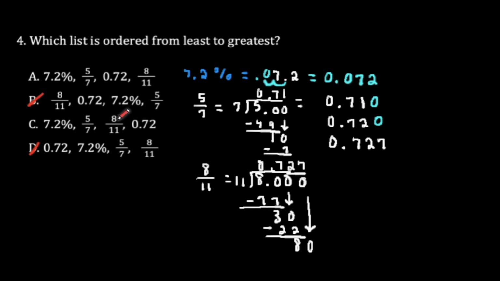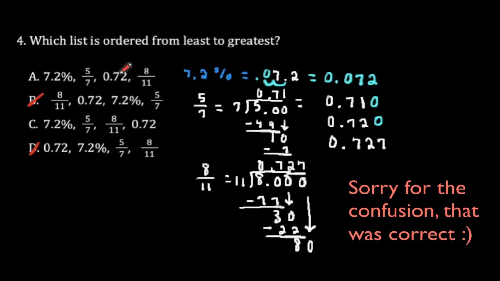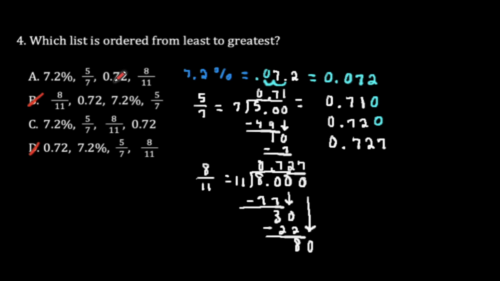I meant to say that 0.72 is less than 8/11ths, because this is 0.720 and this is 0.727. This can get a little bit tricky, so that's why it's always good to double check. But the correct answer is answer choice A.